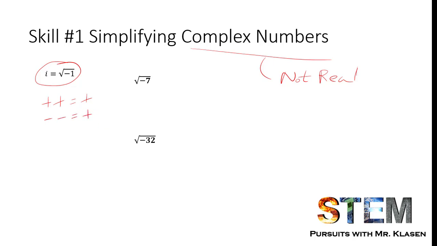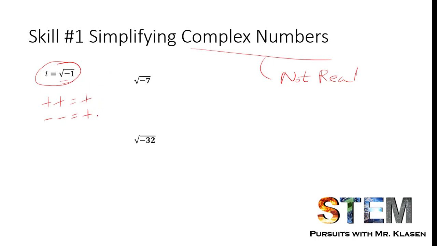So the idea of a negative square root is not real, but they do need to be accounted for, because sometimes when you're looking at higher ordered polynomials, so things like quadratics, like we're talking about in this specific lesson, there are sometimes solutions hidden in the form of a complex number.